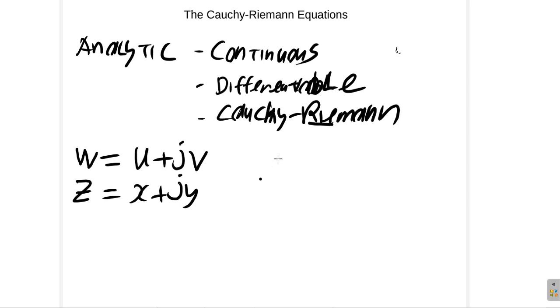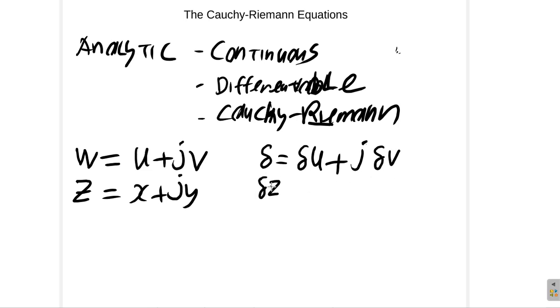Now, the fact that you have W is equal to U plus JV means a change in W can be represented by a change in U plus J times a change in V, right?